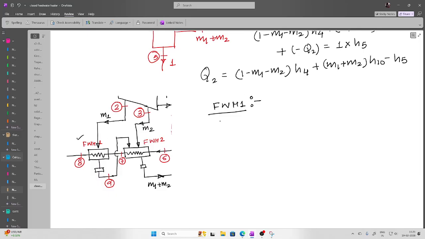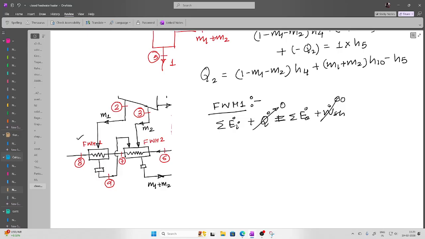So again, the same equation: energy entering plus heat interaction, energy exiting with mass, and then the shaft work. I am assuming it is only a mixer heat exchanger, so no shaft work. Also, we are assuming that the heat addition is adiabatic and neglecting kinetic and potential energies.